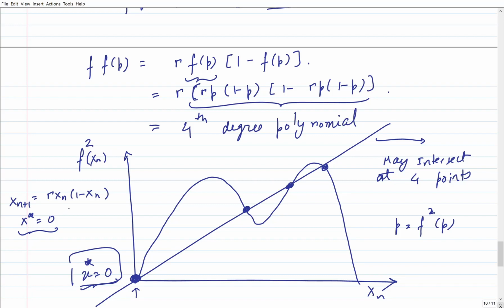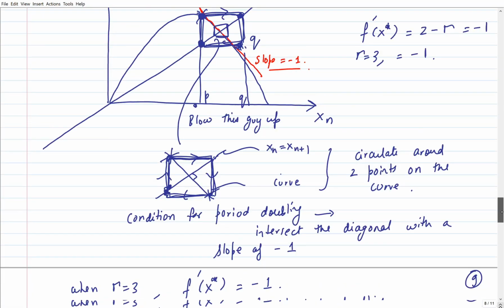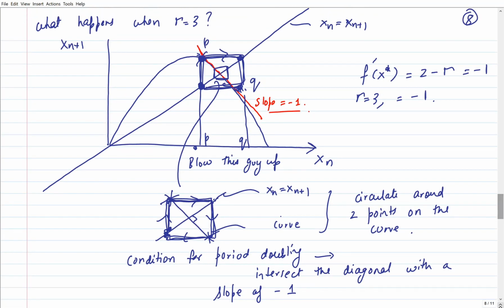We have another such point which was the fixed point of the original map f of x, not the fixed point of f square, and if you look at it graphically, this was this particular point, and I had the period 2 points p and q hovering around it, zoom, zoom, zoom. So this point, the other fixed point, was always sandwiched between p and q.